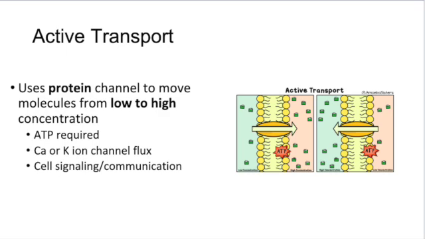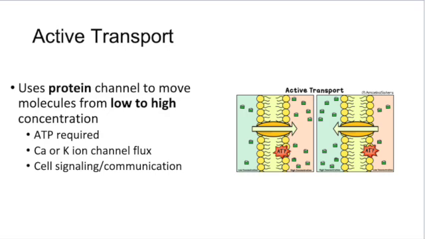So in other words, we're trying to force molecules coming in against equilibrium, against diffusion, right? And there is a mechanism that does that. For example, calcium and potassium ion channel flux definitely require active transport, and they play a big role in our muscle and neuronal chemical signaling.